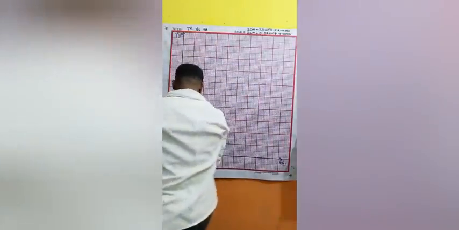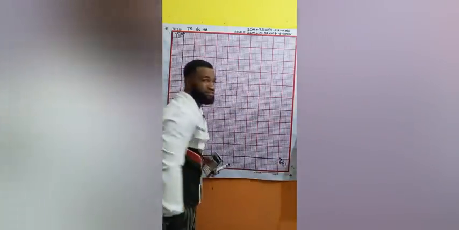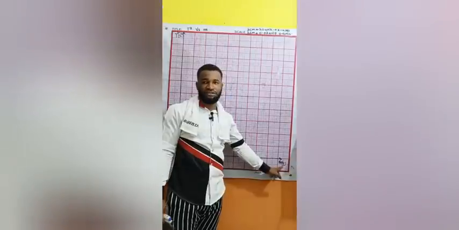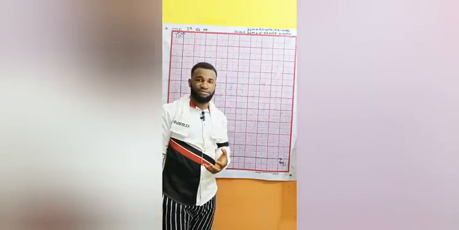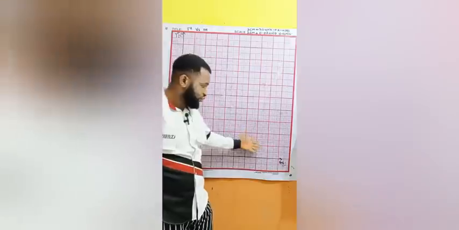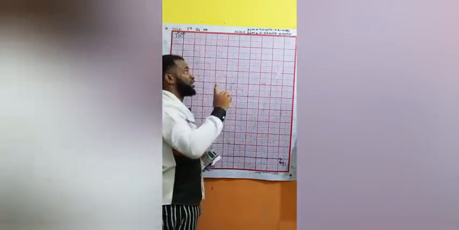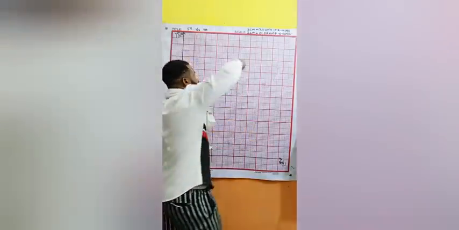On the horizontal axis, I have written m, the mass, and the gram is the unit I am plotting it in. You are not going to use the SI unit here. You use the unit you are using to measure, and that is what you write there. The next thing WAEC will expect from you is the scale you are using to plot, which is very important.